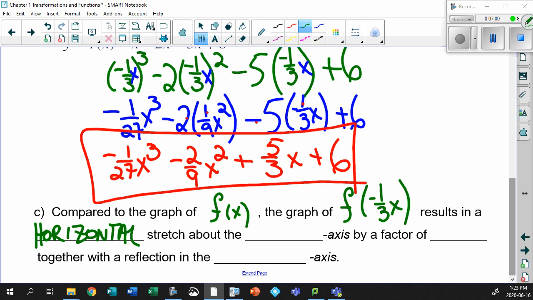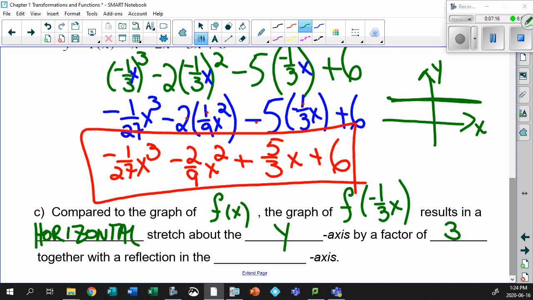We're going horizontally, so here's our x-axis. That means we're going over the y. So it's a horizontal stretch about the y-axis by a factor of how much? 3. Together with a reflection in the, yep, you're reflecting over the y-axis. You got it. Wow, that is just so cool. What a tremendous question.